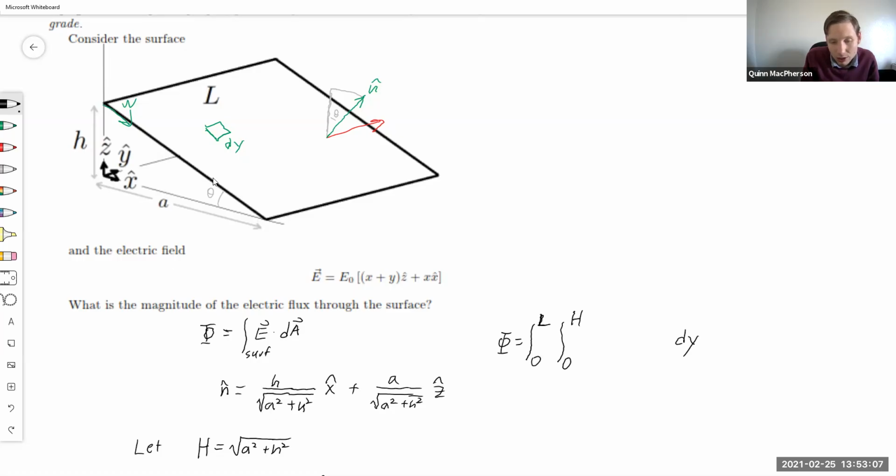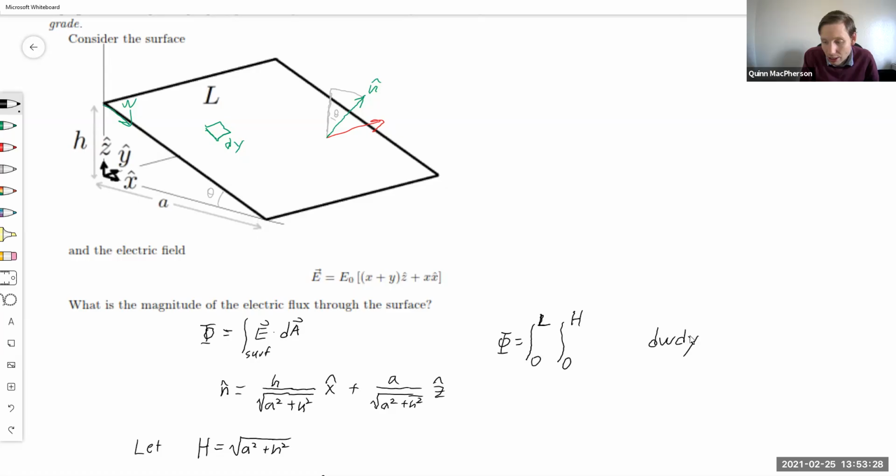That's the hypotenuse line there. So w needs to go from 0 to the full hypotenuse. We'll call that dw. And then inside here, we're going to need E dot dA.